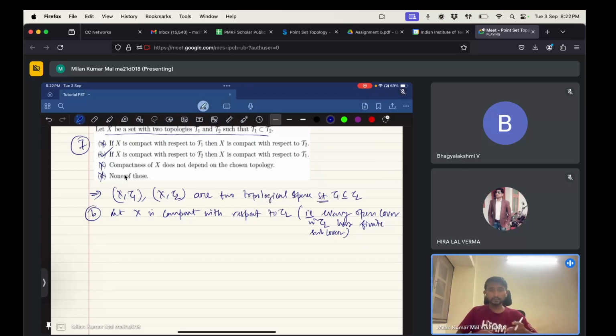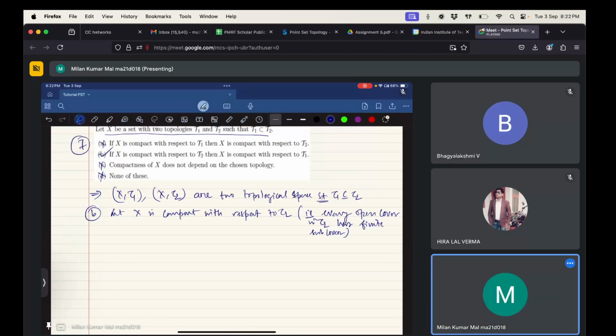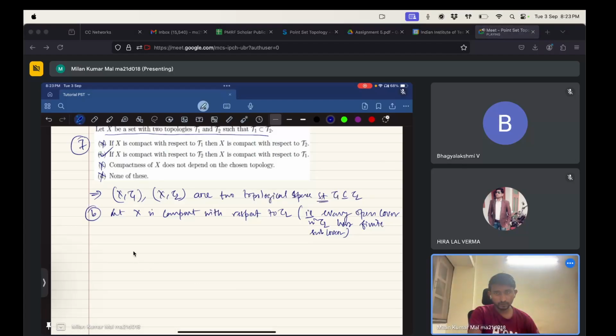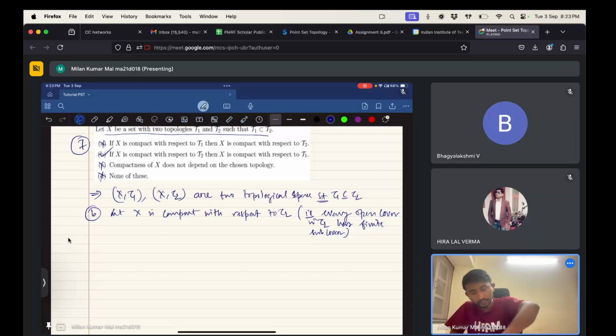There are some other equivalent definitions, such as closed and bounded, but in a usual arbitrary topological space, this is the definition: every open cover has a finite subcover. That is the usual definition, and that is what I will prove.